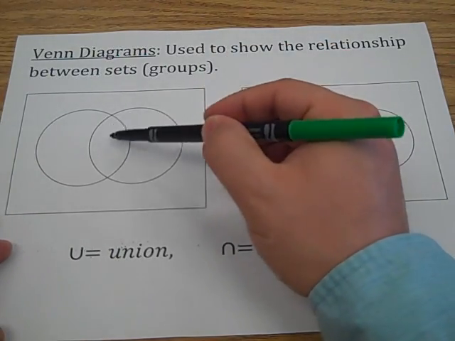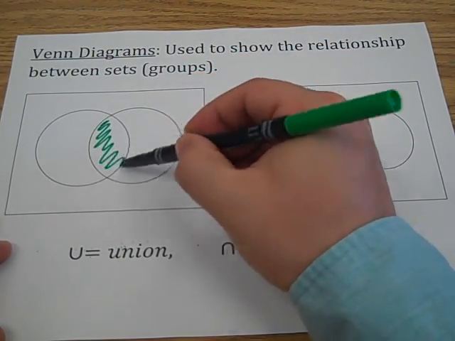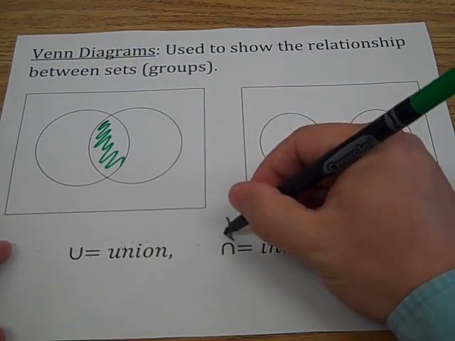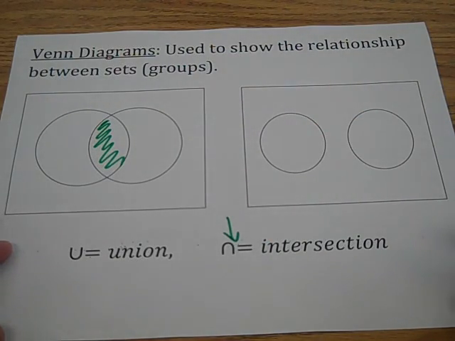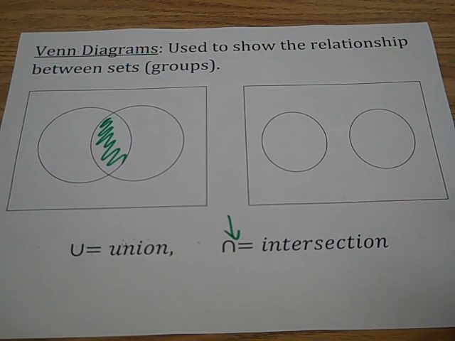Where the circles meet, this area, that's called the intersection, and we use that symbol, sort of the upside down U, to represent the intersection. Those are all the elements, the parts of the groups that are in both groups.